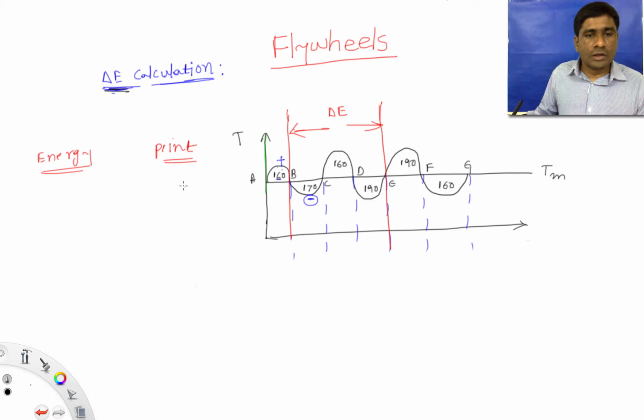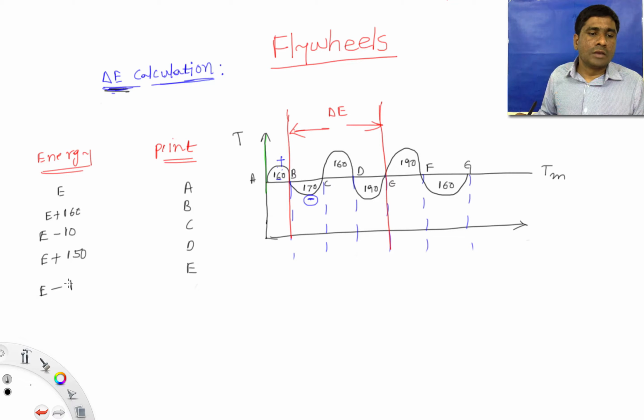If I take point A and assign an energy E randomly, then at point B that is E plus 160, and at point C that is E plus 160 minus 170, that is E minus 10. At point D, E minus 10 plus 160, that is E plus 150, and at point E, E plus 150 minus 190, that is E minus 40.